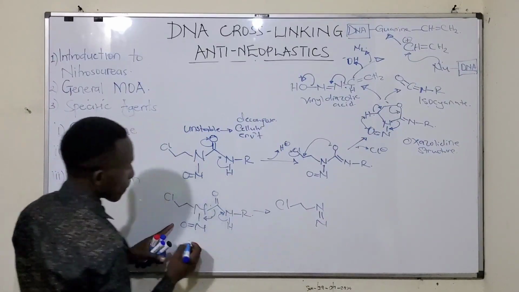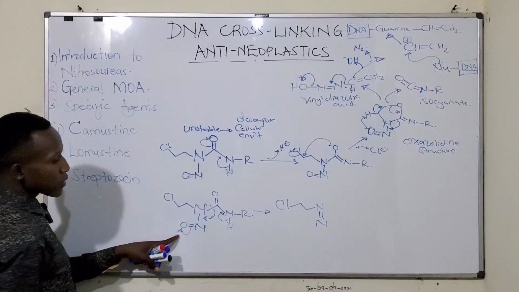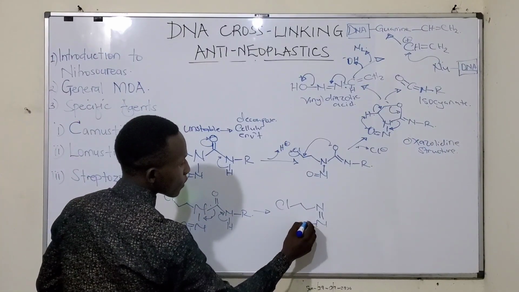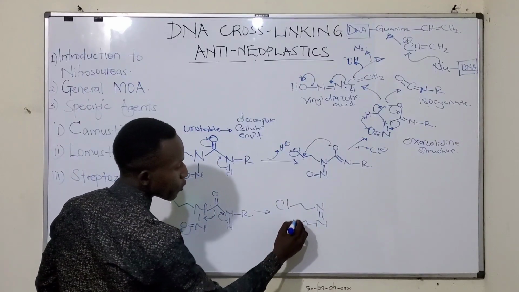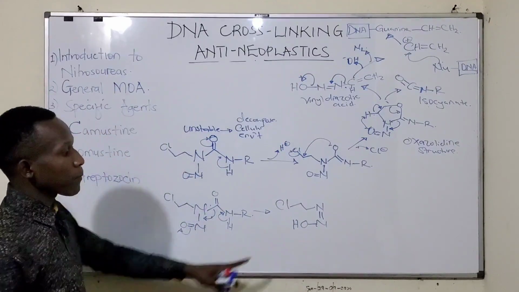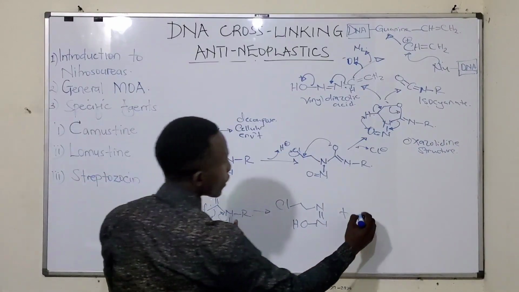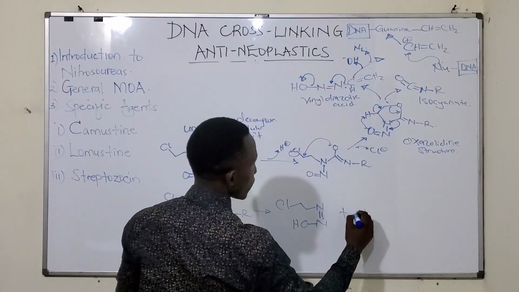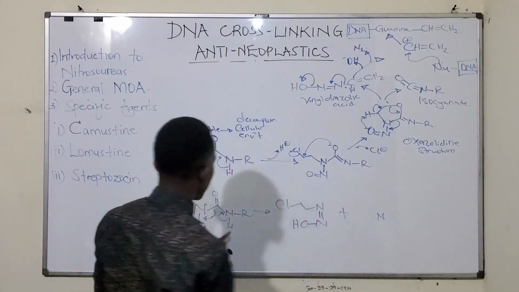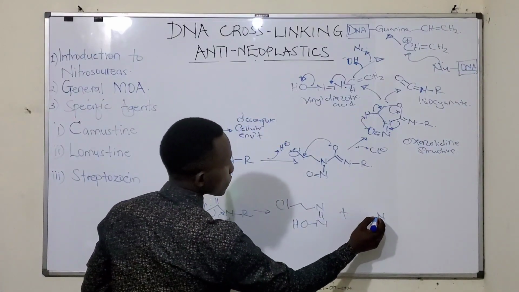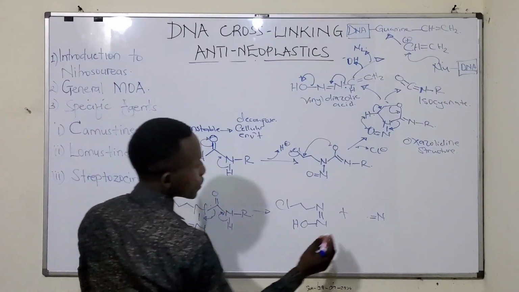And this N, when you form a double bond, this one will break. When it breaks, we shall form the O minus. And this O minus can attack the proton and form the OH group. Plus this group here, we have the N forming a double bond with this carbon which is having the oxygen.